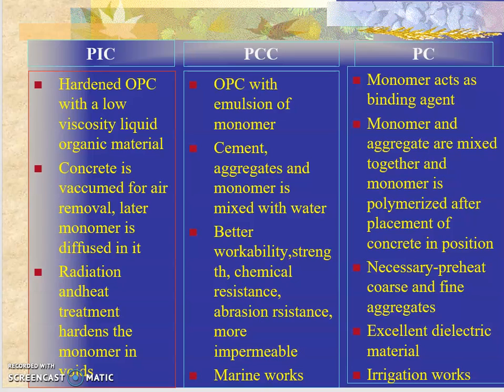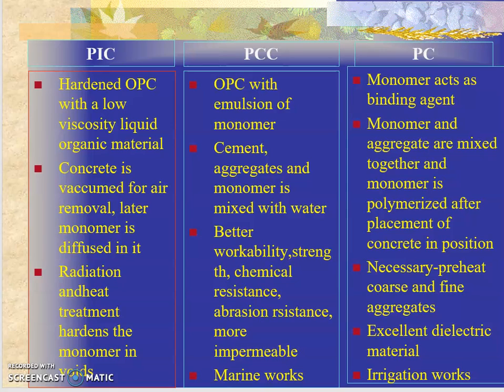So what is done is you take the hardened concrete material and then you remove air from its voids under vacuum or partial vacuum. Once suction is applied and the entire air from the voids is removed, then you keep this material inside a low viscosity monomer or polymer.